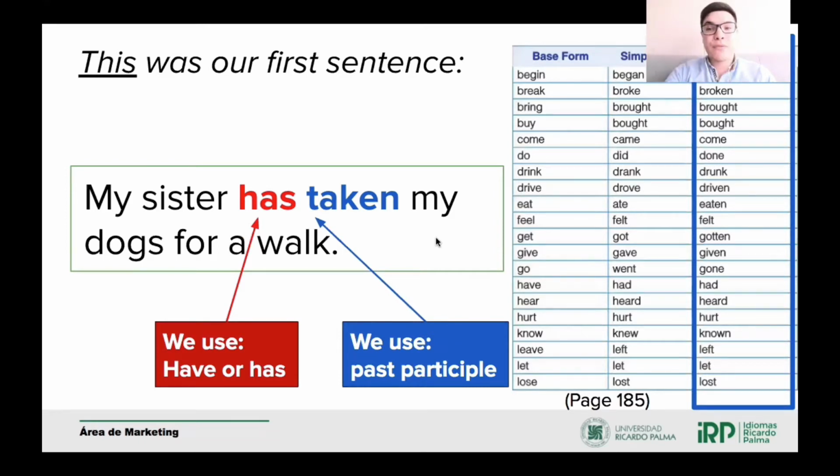The base form is the first one. The simple past is the second one. And then we have the past participle. For this lesson, in the present perfect, we are going to use our third column, but we're going to call them past participle. Very good.